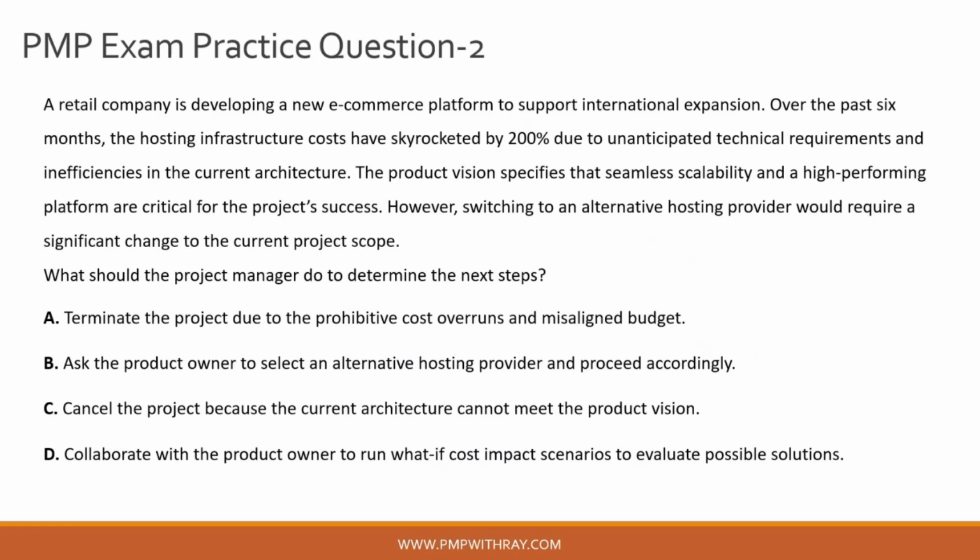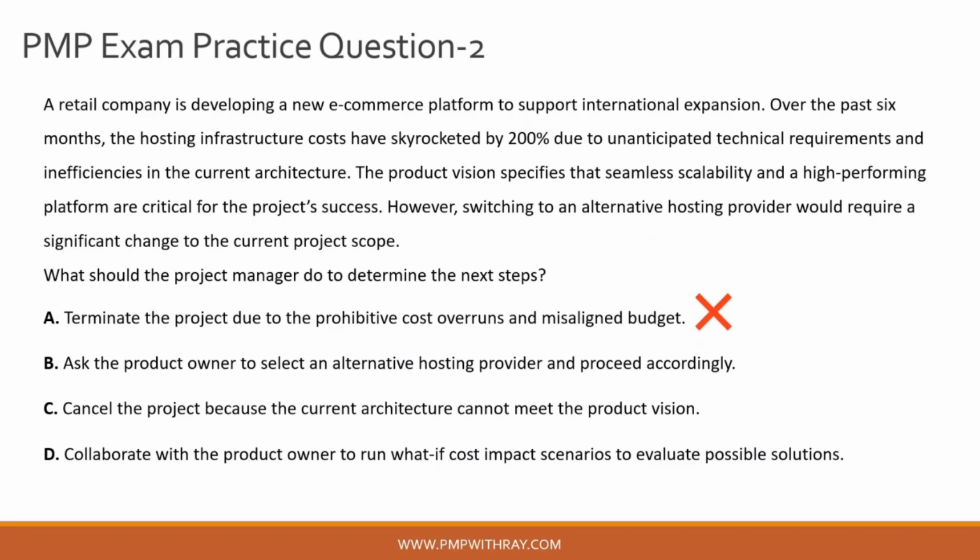So let's first begin by examining option A, which suggests canceling the project due to exceeding the budget constraint. Now, of course, cost overruns are a significant concern. However, immediately canceling the project is a reactive decision that doesn't take into account the possibility of resolving the issue proactively, right?